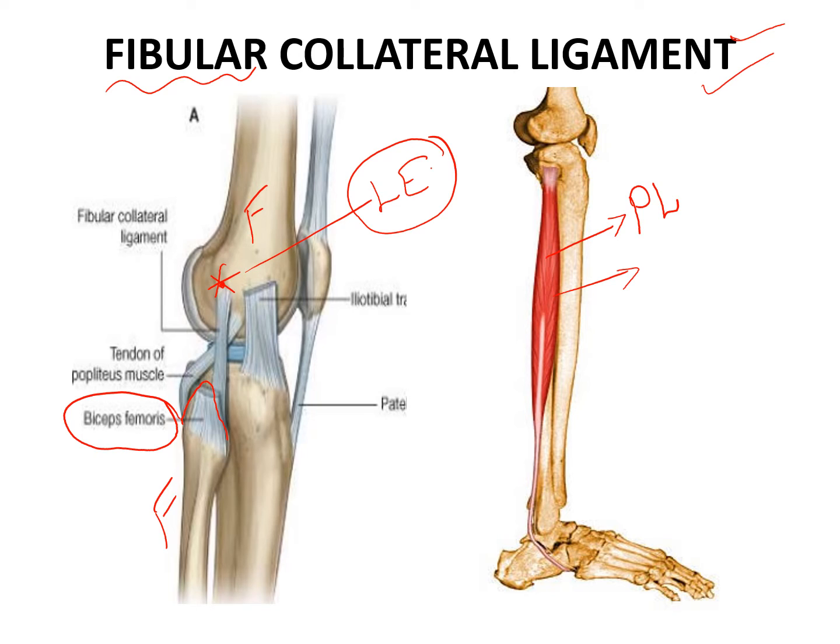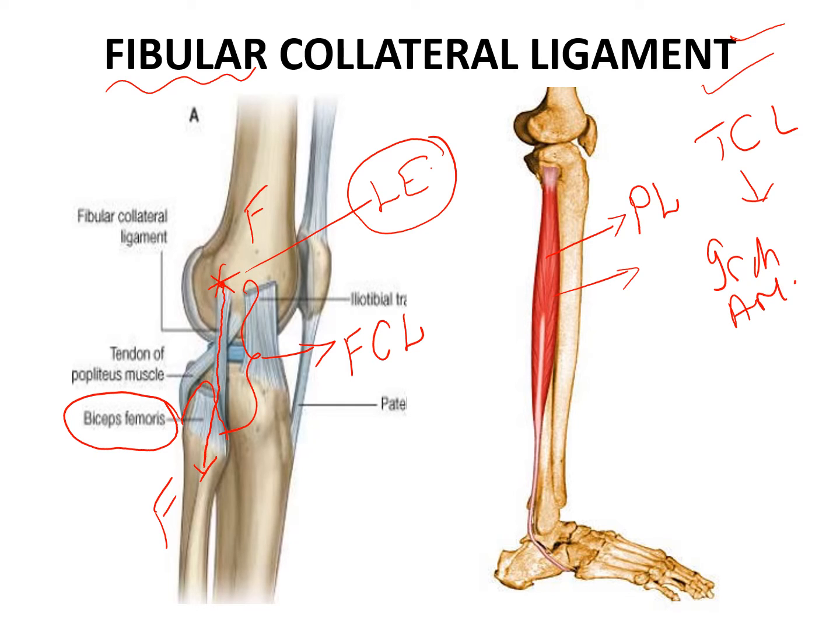But once we assumed upright posture, its attachment shifted down to the fibula for functional reasons, and this part of the muscle got converted into a ligament, called the fibular collateral ligament. So the tibial collateral ligament was a morphological remnant of the ischial component of adductor magnus, and the fibular collateral ligament is a morphological remnant of peroneus longus.